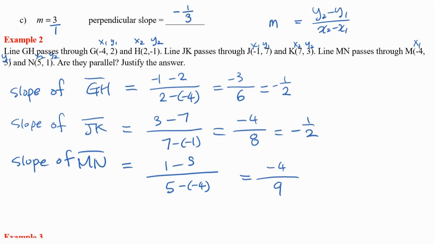Okay, so let's compare those three lines. Obviously, those two are parallel lines, right? But this one, there's no relationship, because it's not negative reciprocal or parallel, right? No relationship.